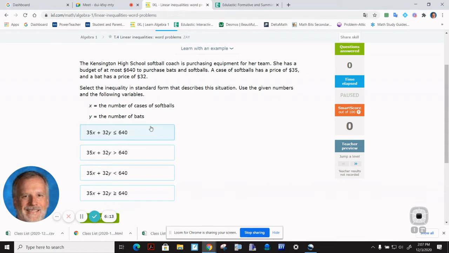And remember, the case of softballs costs $35 each. Going back up to the problem for a second, the bat has a price of $32 each.